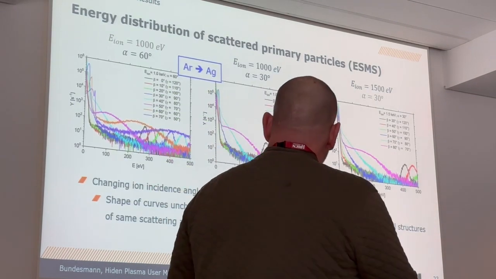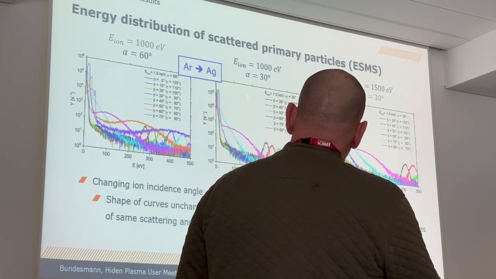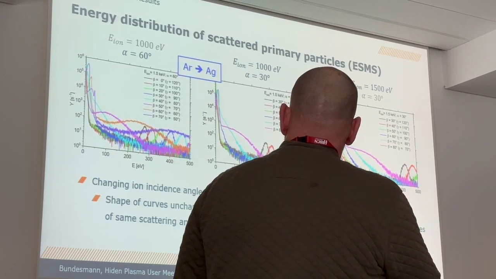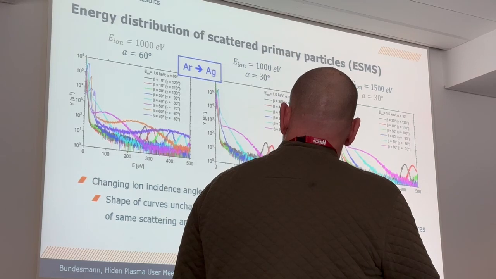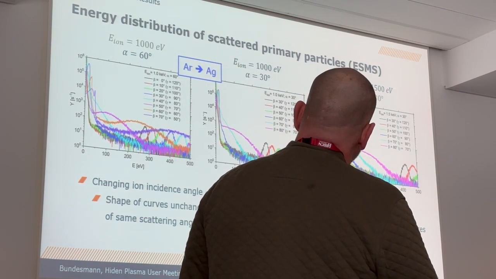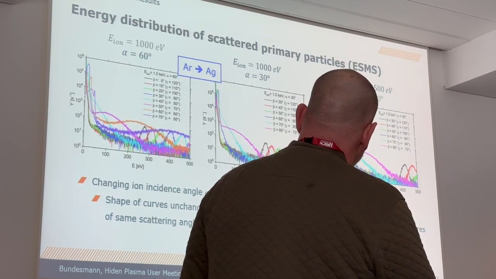So again, we have here our curves from before. In one diagram, we increase the ion incidence angle, plot the curves with the same scattering angle in the same color, and you see that the curves are similar. Here are some curves more, because if you have a higher ion incidence angle, you get more scattering angles. And if you increase the energy, you see that these high energy structures shift to higher energies.